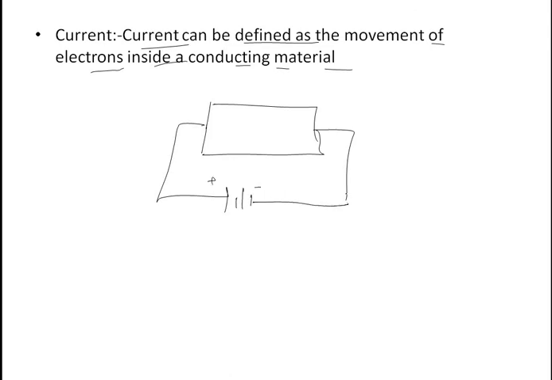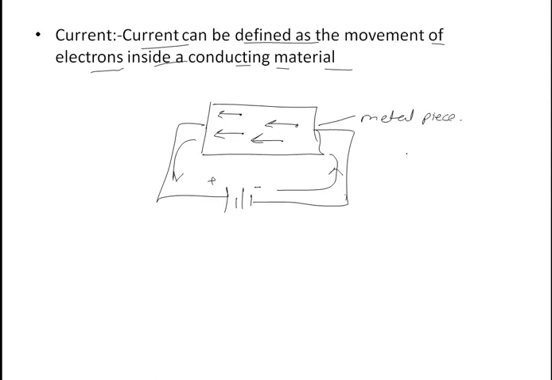This electron moves from negative to positive. And this is a metal piece.